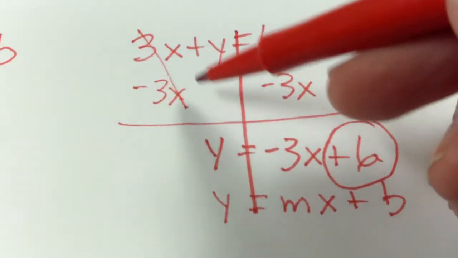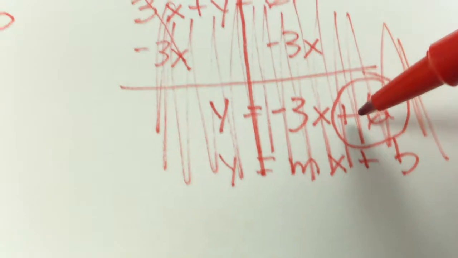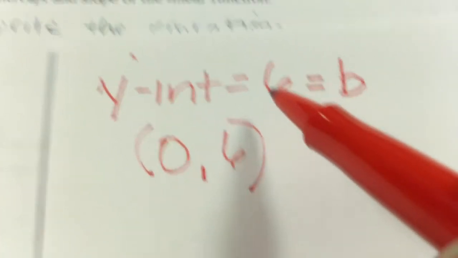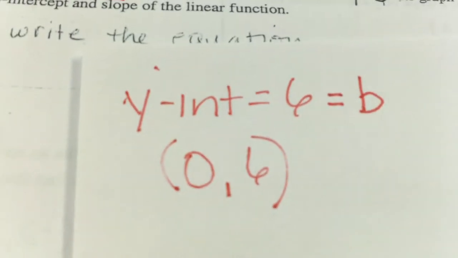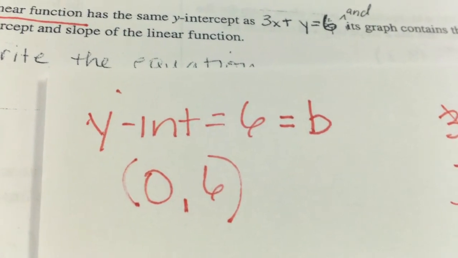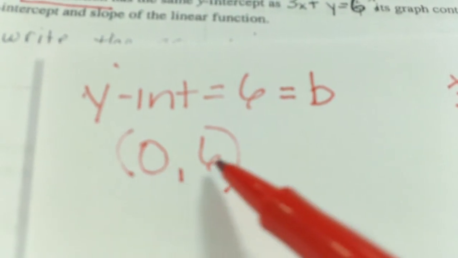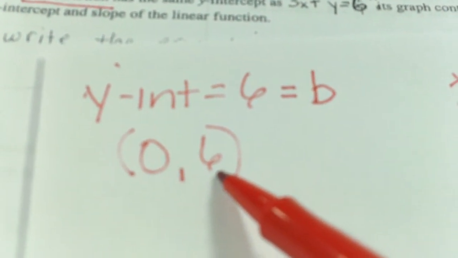Now we're done with this equation. All they told us was their y-intercepts were the same. Well, good, we found out what it was and we stole it. Okay, so the y-intercept of our mystery function is 6, and I can also show my y-intercept is 0, 6.